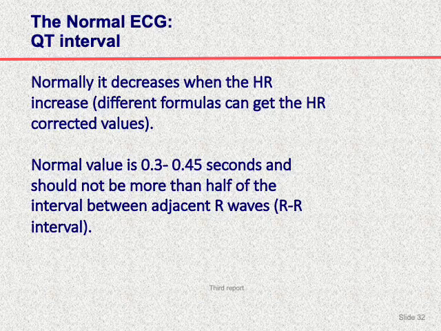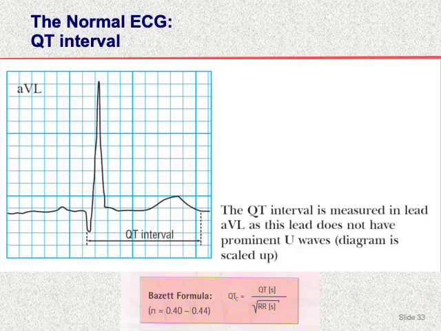That's why the proper way to identify it is the corrected QT. We correct by different formulas, but as an approximate estimation, if the QT interval duration is more than half the interval between the adjacent R waves, this is abnormal. As you see here, there are different formulas to correct the QT interval. It should be below 0.45; this is the normal value.